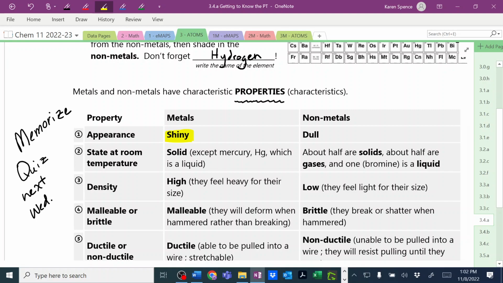And nonmetals are generally dull. If you look at your pencil lead, what's your pencil lead made of? Carbon. Is it shiny or is it dull? It can have a little bit of a sheen, but is it shiny in the same way as a metal? No. So we call them dull, although you will see a little bit of a sheen to things sometimes. It's not the same as that shine of a metal.